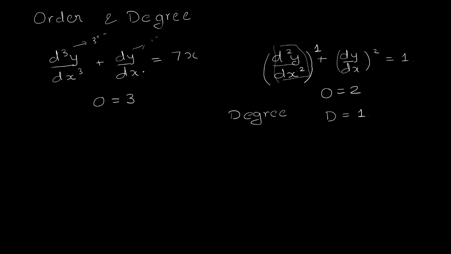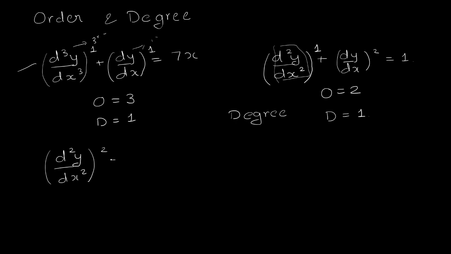Now if you see in this example, this is dy by dx raised to 1. Here it is d cube y by dx cube raised to 1. So here also, although the order is 3, the degree is 1. The highest order derivative has been raised to 1. If you see here, d square y by dx square the whole square plus dy by dx the whole cube equal to 0.